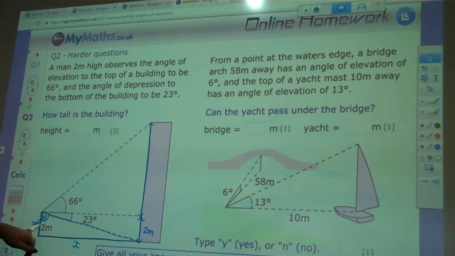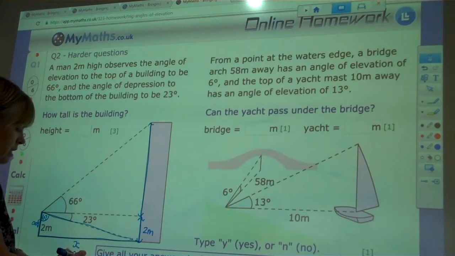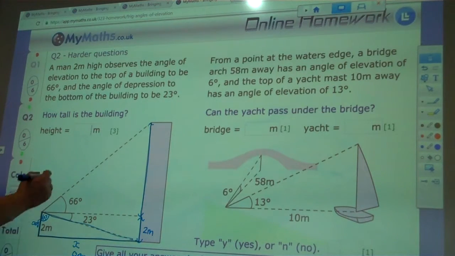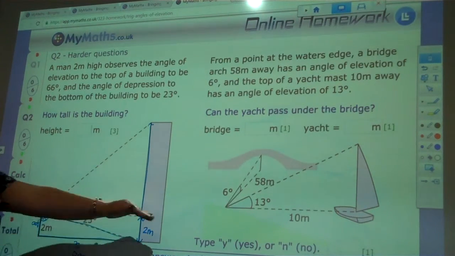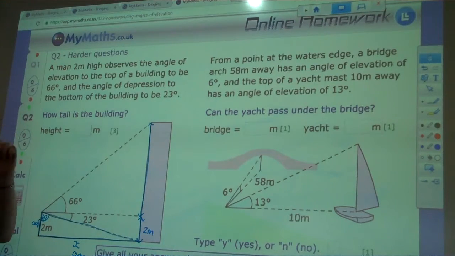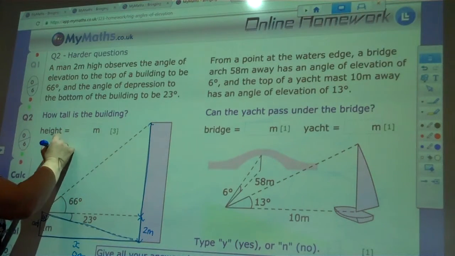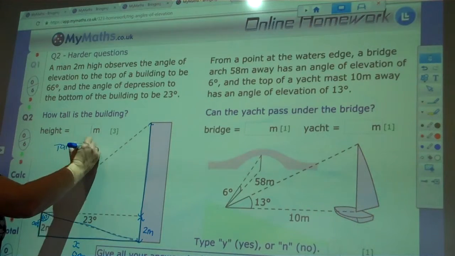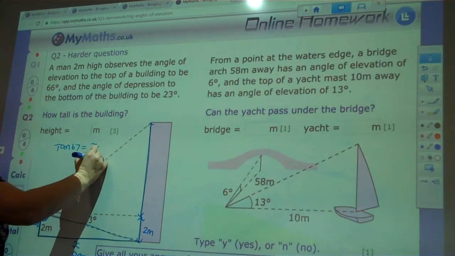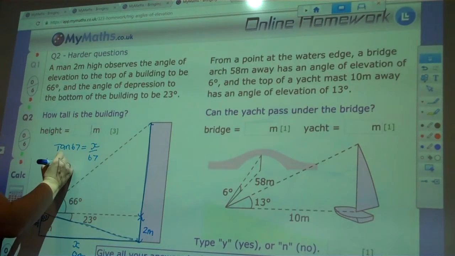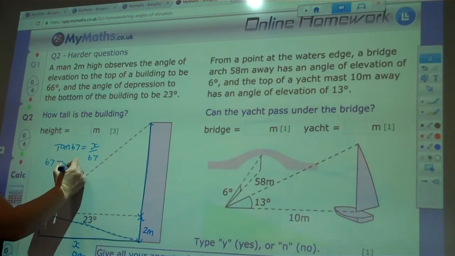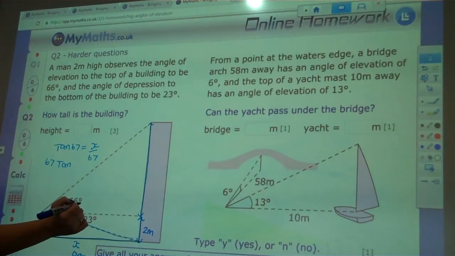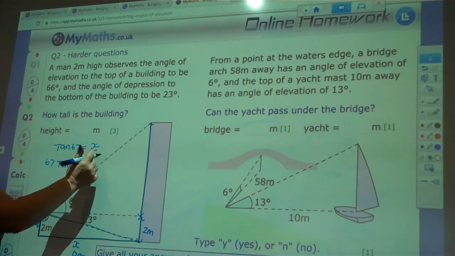Okay, so here we're adjacent and opposite, so we're going to use tan. It does tend to be on the elevation and depression because you are either finding the height of something or the distance away from something. So it does tend to be that most times. So tan 67 is equal to x over 2.